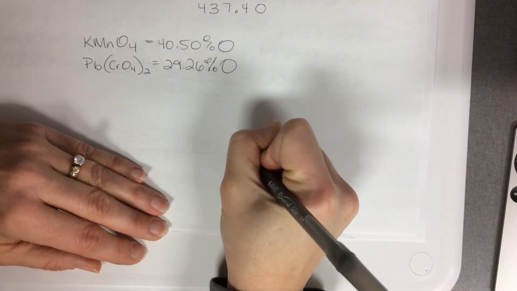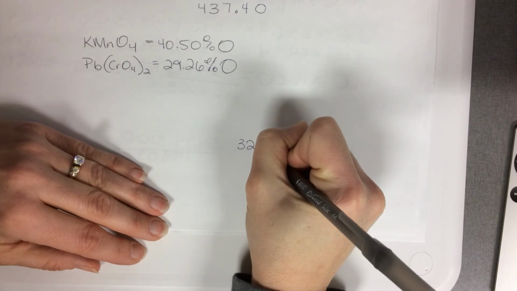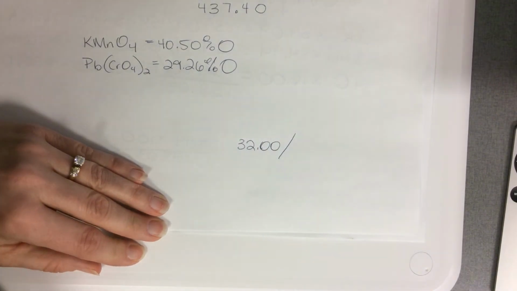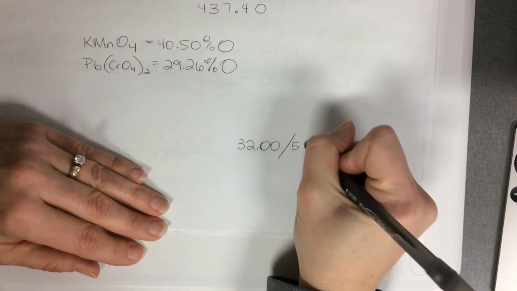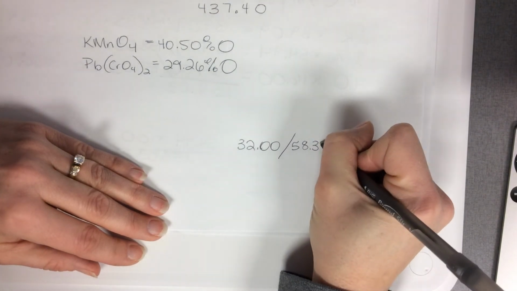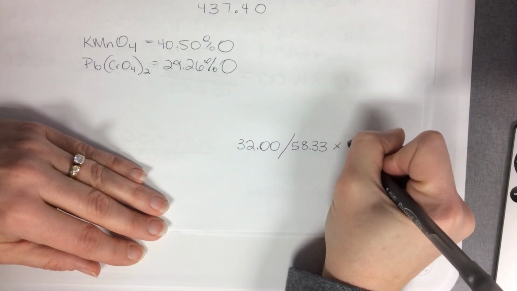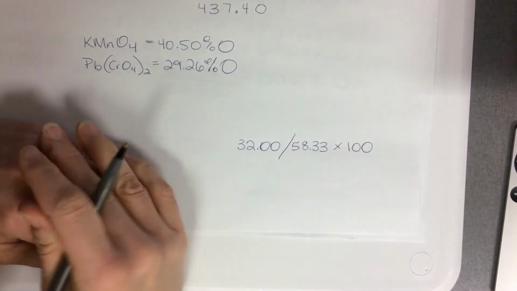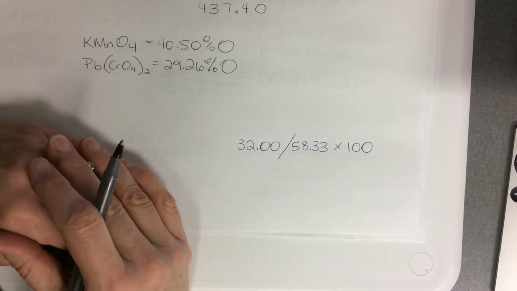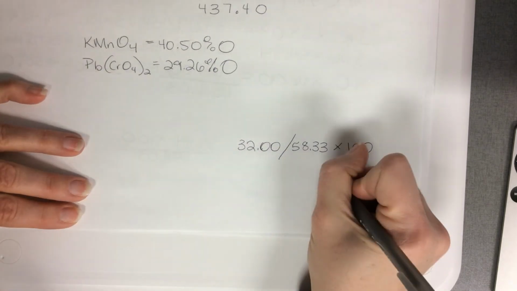So O2 equals 32.00 divided by, now you just told me what's the molar mass? 58.30? Times 100. All right. Who's got that? Yolanda? 54.86.